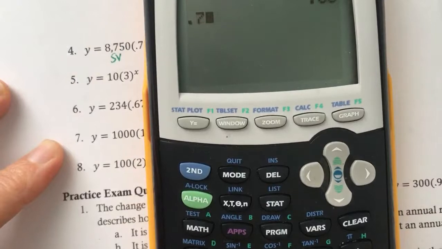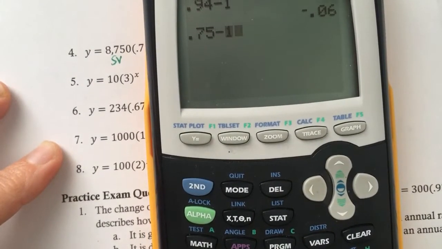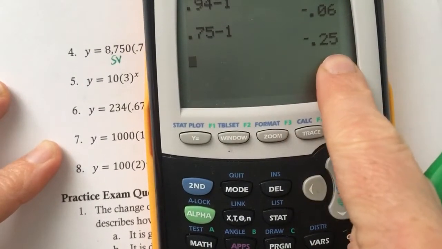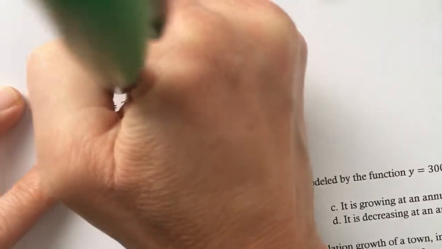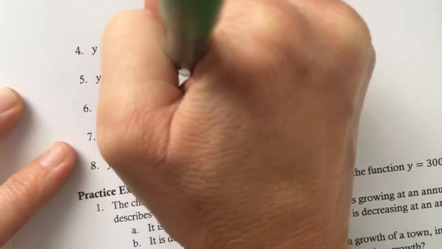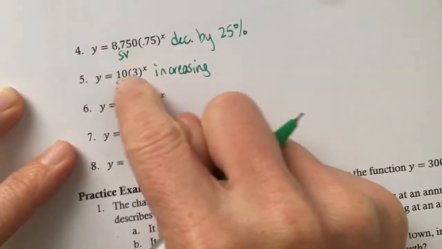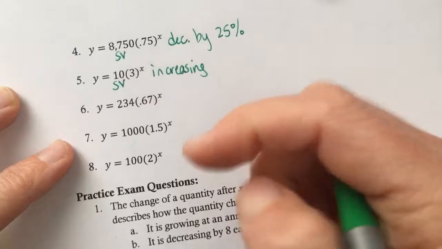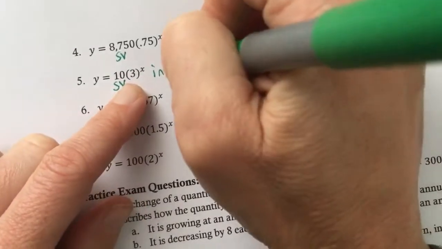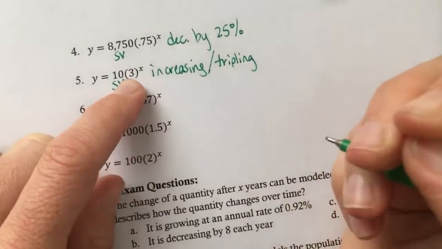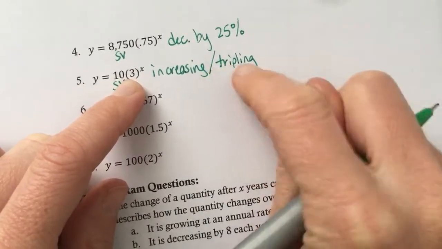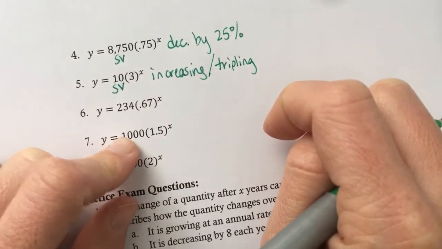You take 0.75 and you subtract 1, so it's decreasing by 25%. All right, number 5, your starting value is 10. It is increasing, but there is no percentage on this one. It's increasing, or you could simply write that it is tripling. If you multiply by 3, it's tripling. There's no percent on this one.